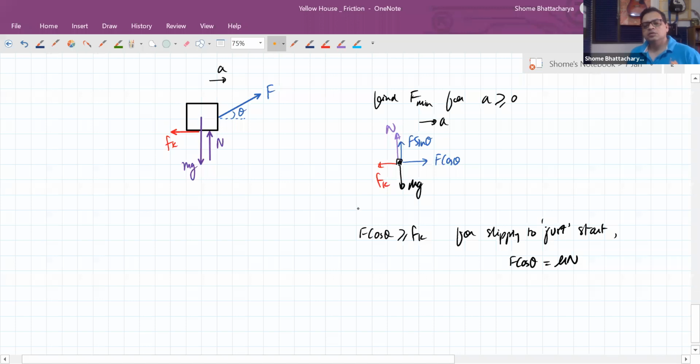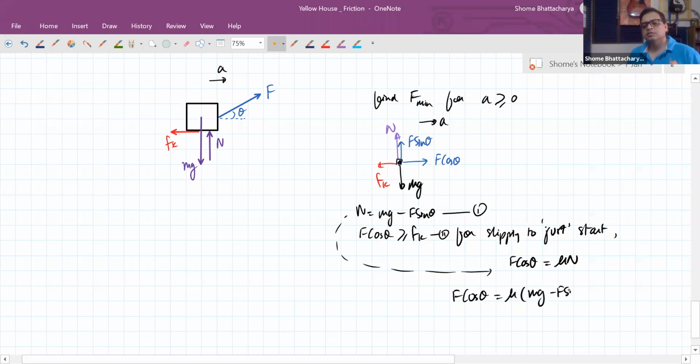Okay. Now you can also see that normal reaction is mg minus F sin theta. So you substitute this over here. So F cos theta is equal to mu into mg minus F sin theta for slipping to just about start. Okay. So this equation now has to be solved such that we find the minimum value of F and we find the value of theta for that F to be minimum.